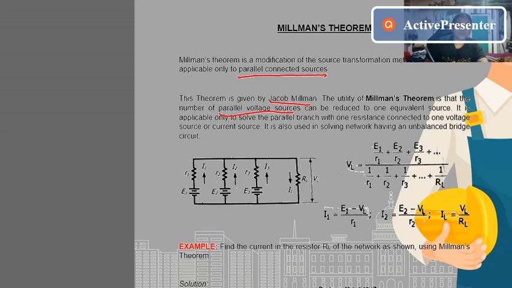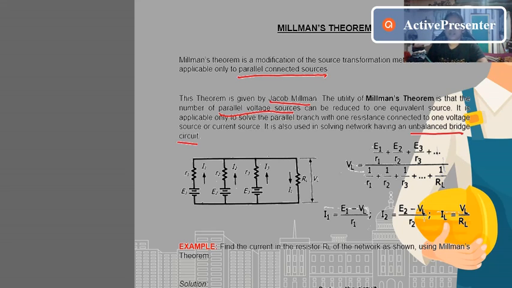It can also be used in solving networks having an unbalanced bridge circuit. Here is our circuit for Millman's theorem, applicable only to parallel voltage sources. We have E1, E2, E3, and R1, R2, R3 in parallel.